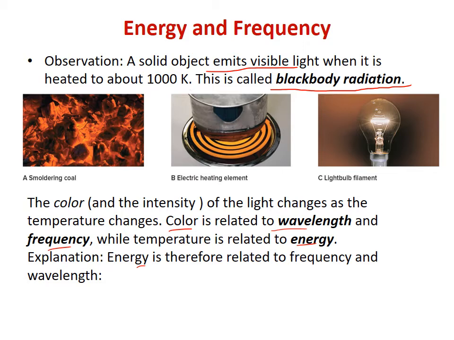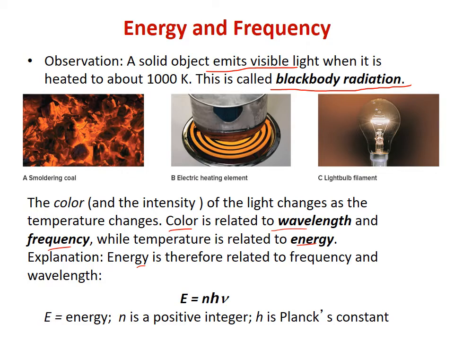Scientists tried to find a mathematical equation to correlate the energy given off by a hot object and the wavelength of the emitted radiation, but most of them failed. Until 1900, a German physicist, Max Planck, proposed the following equation. Energy is proportional to frequency times a constant h, which we nowadays call the Planck constant. The value is about 6.63 times 10 to the negative 34 joule second.